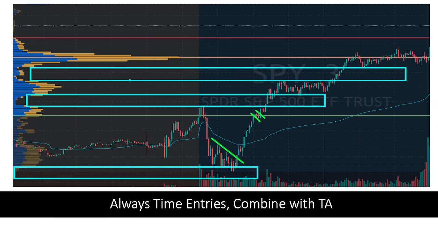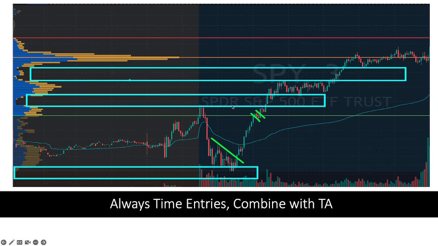Now, as mentioned several times before, we should always combine this with our own forms of technical analysis, whether that be volume price analysis or pattern trading, or whatever strategy you prefer. It could be harmonics, it could be Fibonacci, Elliott wave, whatever.